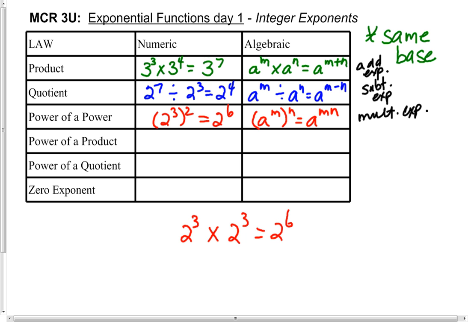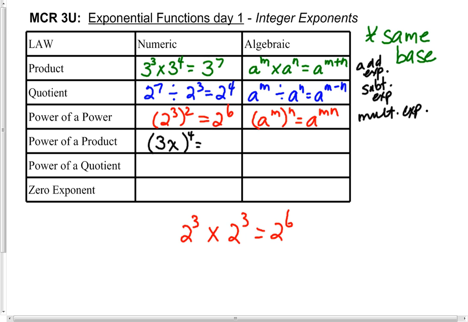3 more rules today. Power of a product. If we have two things being multiplied together, 3 times x for instance, and we raise it to the exponent 4, that means 3x times 3x times 3x times 3x, 4 times.